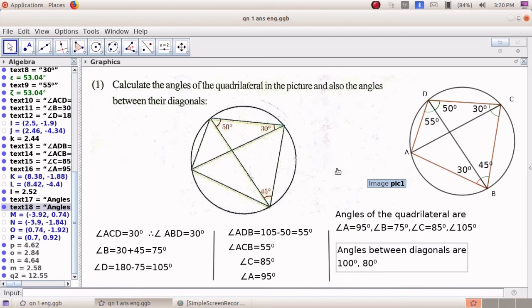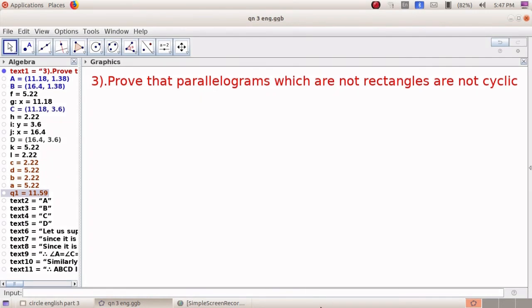Now let us go to another question. Read the third question: prove that parallelograms which are not rectangles are not cyclic. What does this question ask here? Parallelograms which are not rectangles are not cyclic. That is, among parallelograms only rectangles can be cyclic.